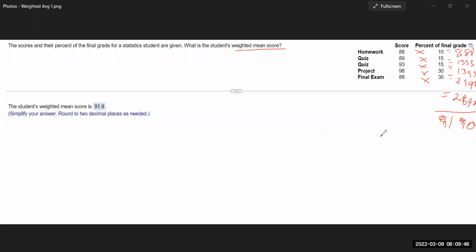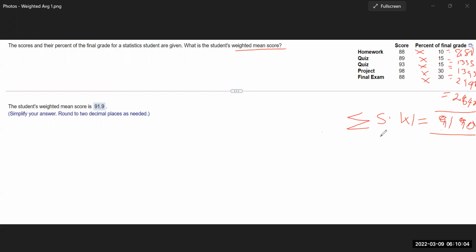Usually in most books you see the sum of the score times the weight, and this is what I got: 9,190.